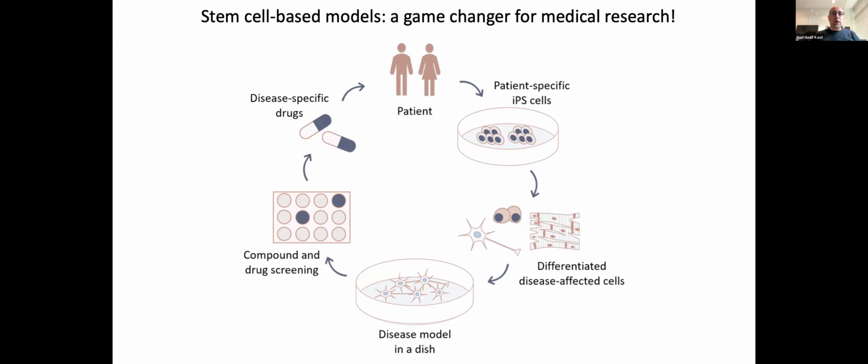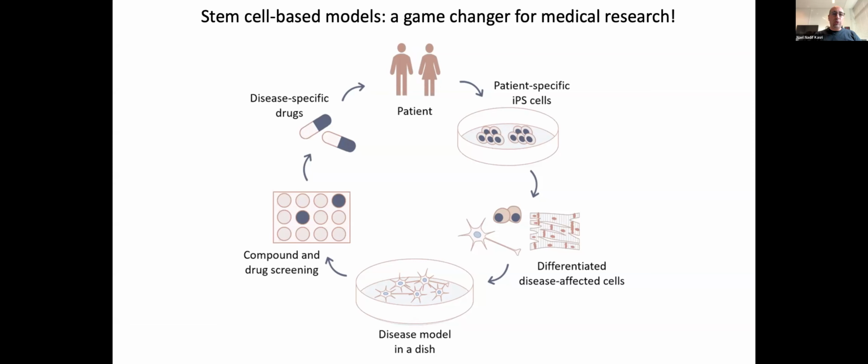Doing so, we now have our cells of interest in a dish, which are fully accessible at the molecular and cellular level, and of course allow us to do experiments on exactly the same genetic background as the original patient, but without any kind of harm or disadvantage for the patient, as this is being done in a dish in the lab.